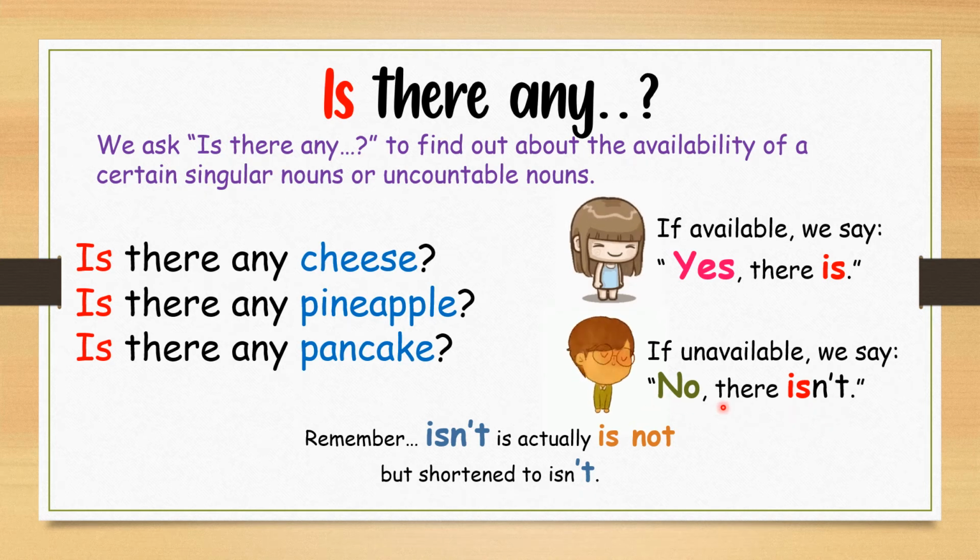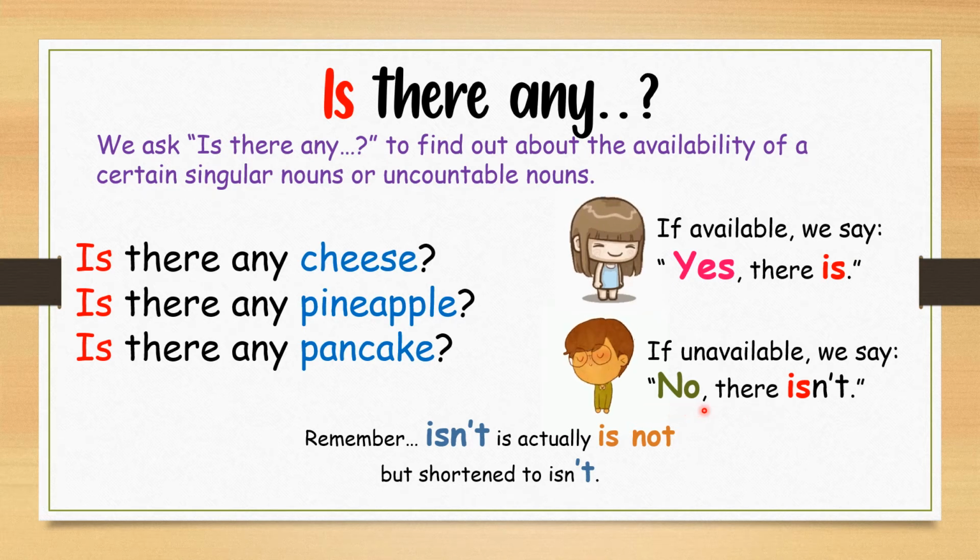Is there any pineapple? But they do not have the pineapple. We say no, there isn't. Is there any pancake? But there is no pancake, so we answer no, there isn't.